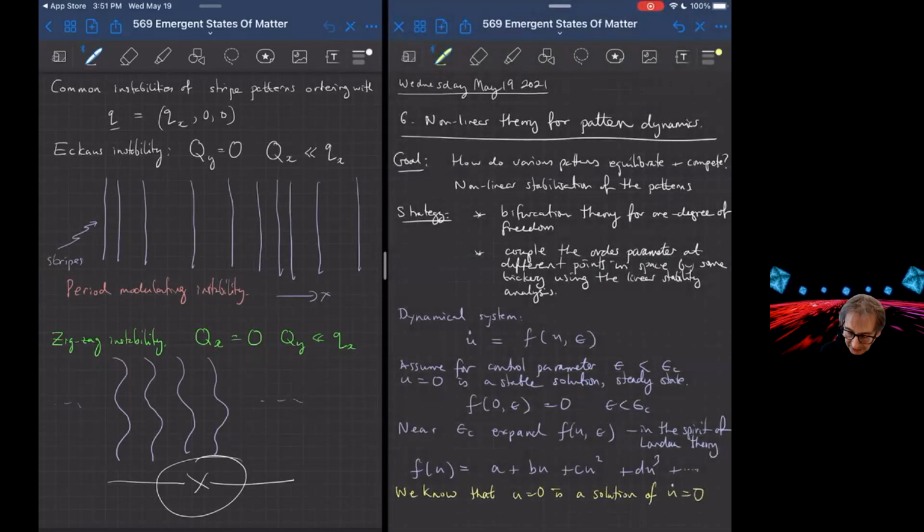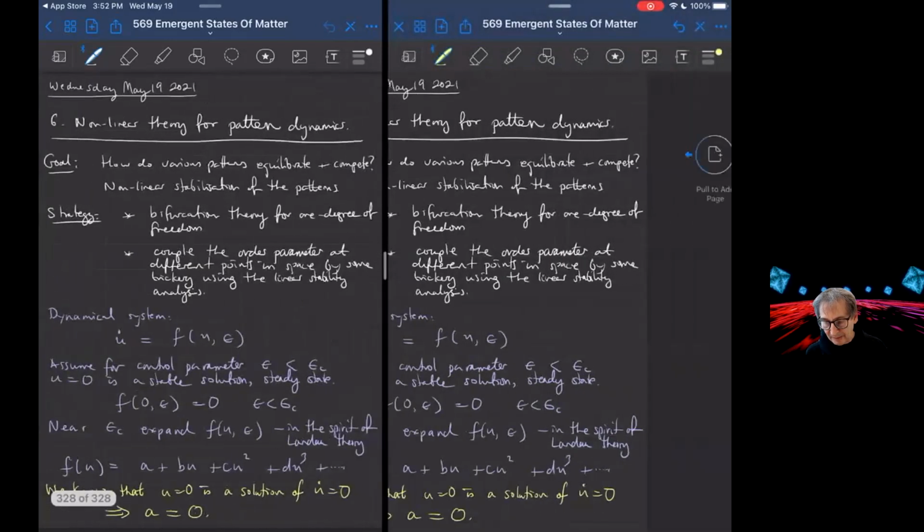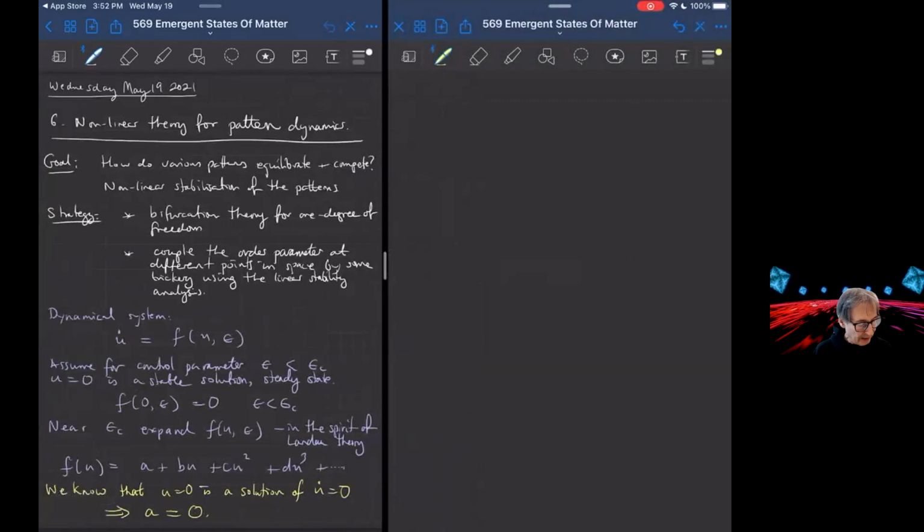And so that tells us that the first term, a, has to be equal to 0. Okay, so now let's see what else we can do.